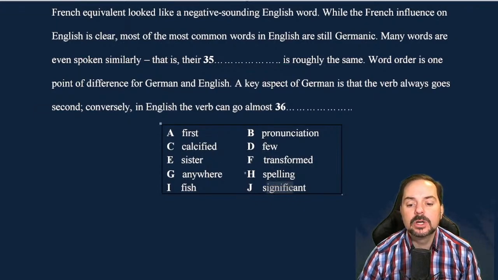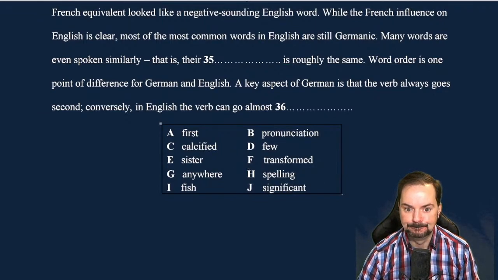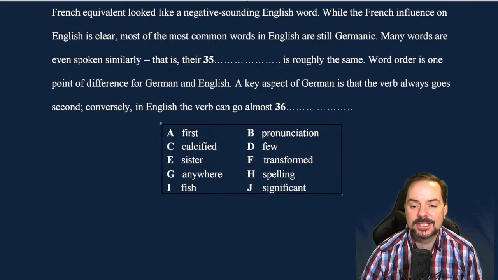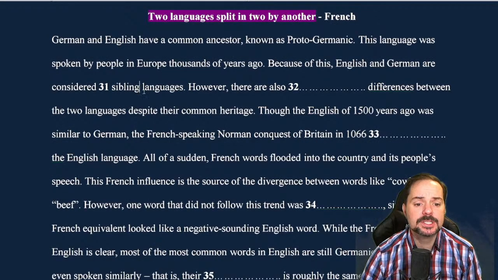Which one is the closest here to sibling out of these choices? That's right, Hasna. It's E, because your sister is your sibling. So here, don't put the word sibling, okay, put the letter E.